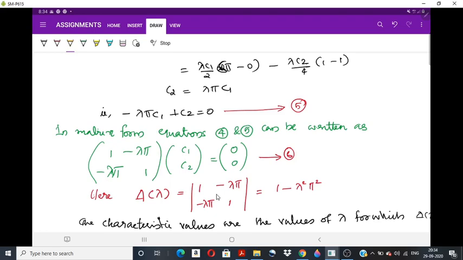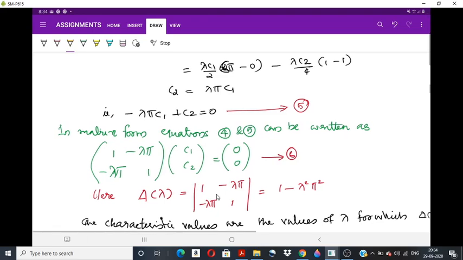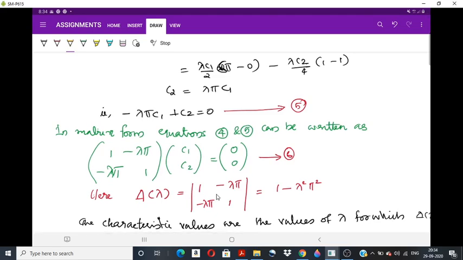So this is a homogeneous system of equations in matrix form.